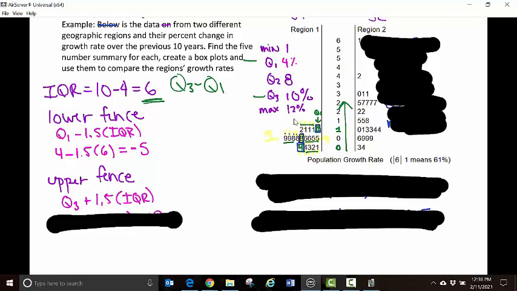And our upper value is 10 plus 1.5 the IQR. That means any number less than negative 5 is an outlier. We don't have one. Any value greater than 19 is an outlier. We don't have one. Okay?